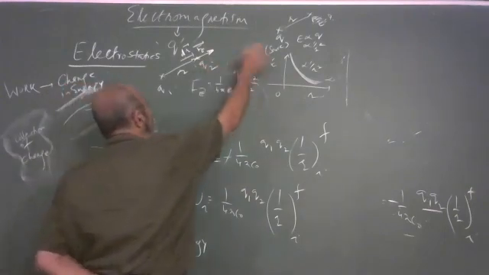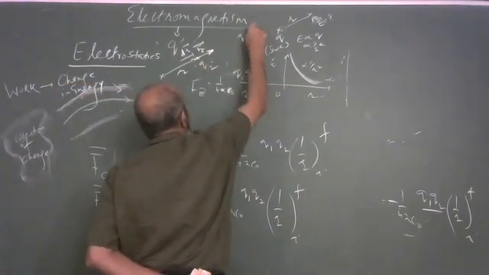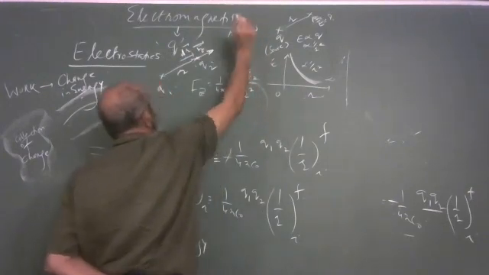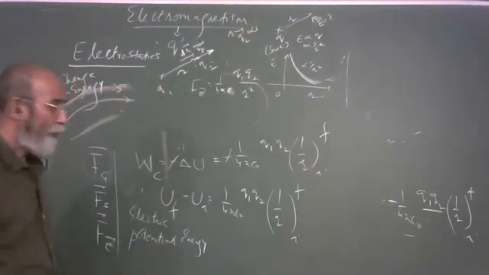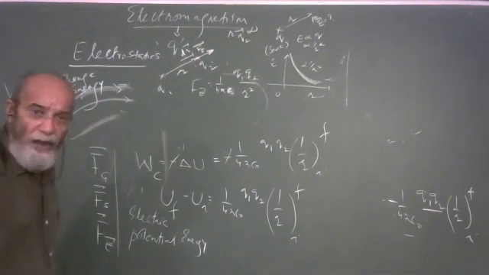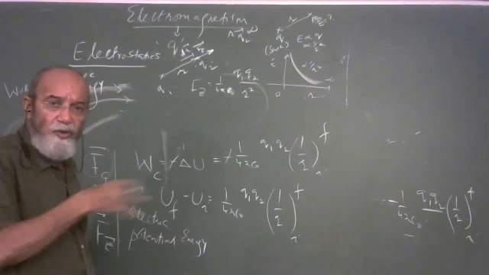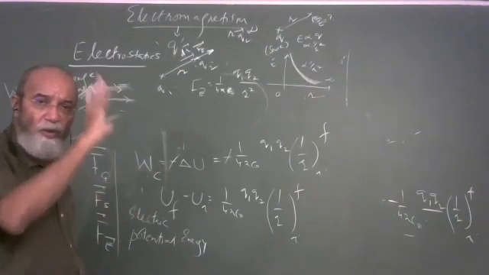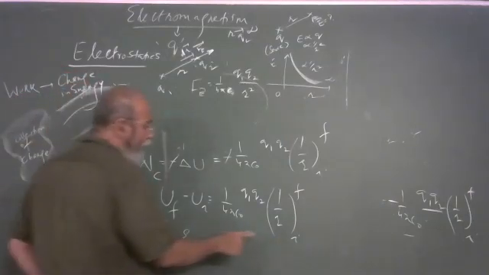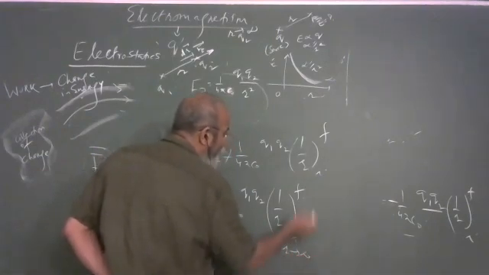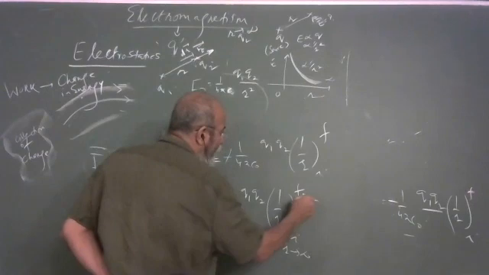Let initially Q2 be at infinity. That means R is tending to infinity. Far away, the energy is zero. There is no interaction between the two. There is no electric energy between the two. It's zero. Far away, R tends to infinity.